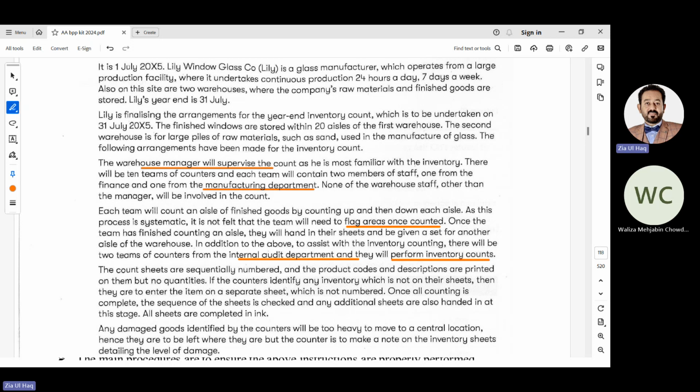External auditor monitoring: if companies have so many areas of warehouses, in some areas we attend the count, in some areas we ask the internal auditor to attend. For material areas, we observe ourselves; for immaterial inventory areas, we ask the internal auditor. So the internal auditor shouldn't be involved in the inventory count.